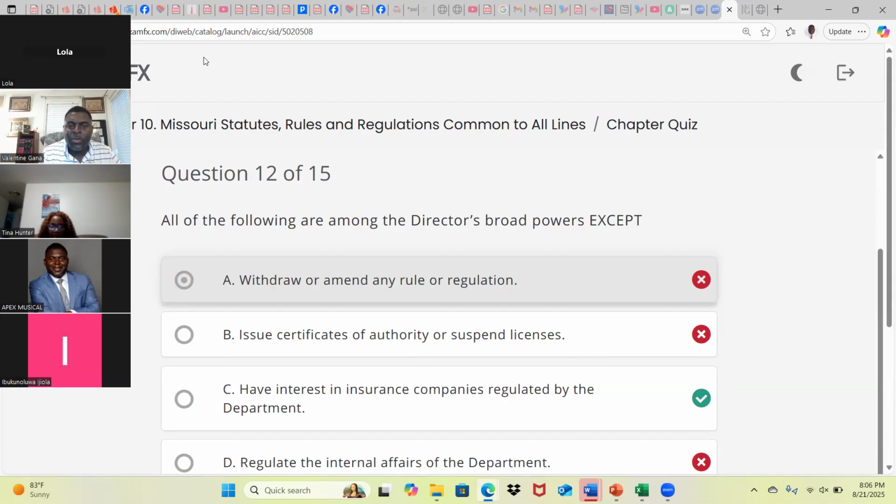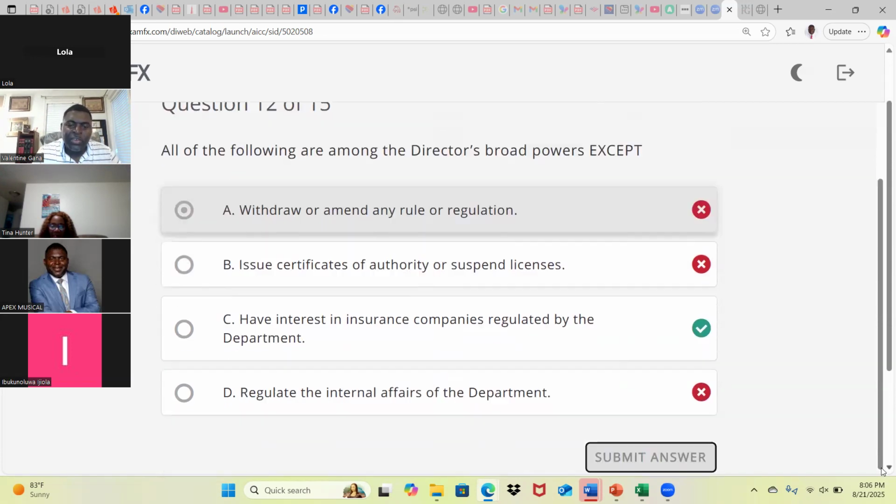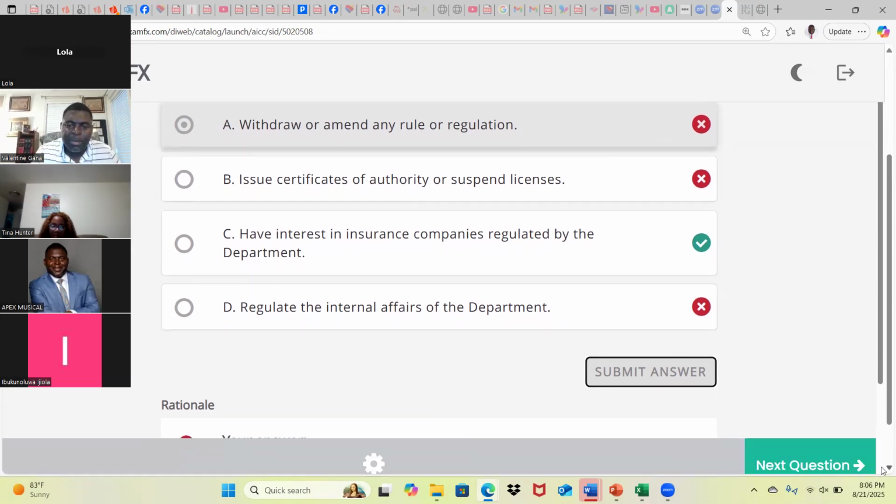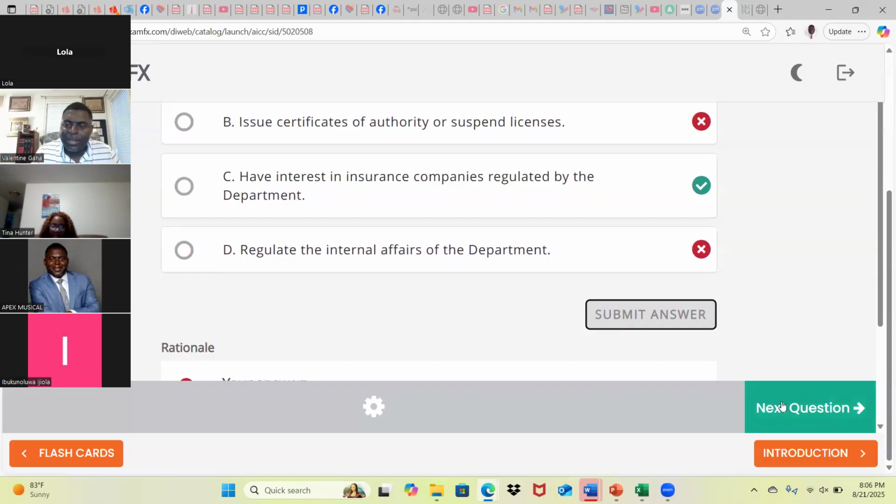So A says withdraw or amend any rule or regulation. There is some truth to that. But when it comes down to the definition of interest, if by interest they mean ownership interest, then that's something they cannot do. But this has taught us and we have learned.